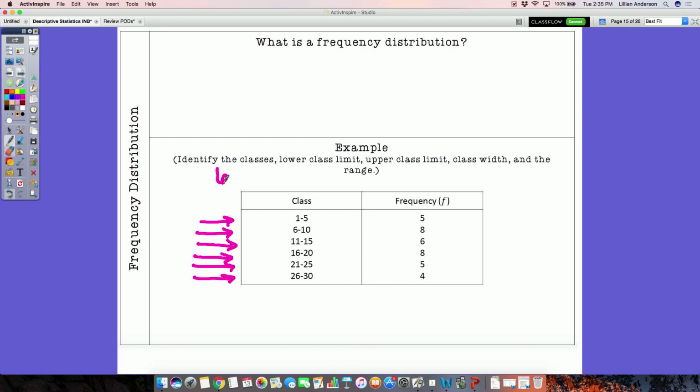Lower class limit: lower would be on the low end, an individual class, and a limit. It is these numbers right here: 1, 6, 11. Because each individual class has a lower number and a higher number, right?